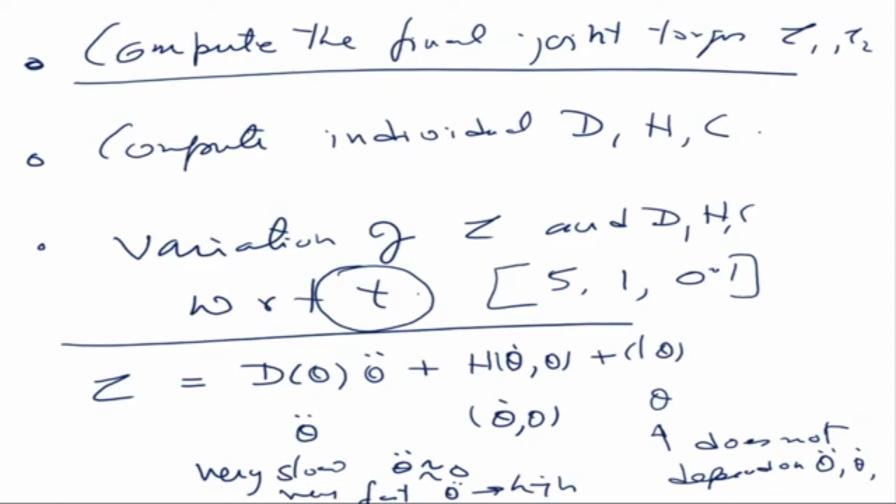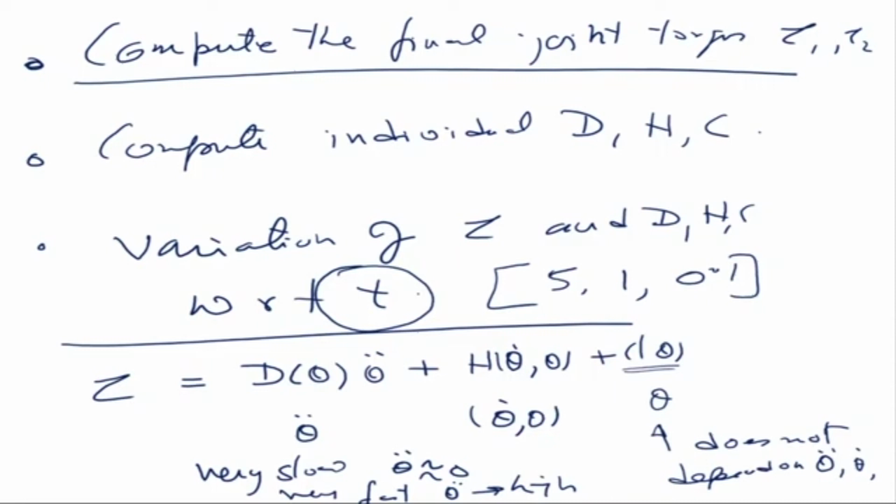Even if you change your time, it will have no effect on the gravity component. But it will have an effect on the acceleration, that is the maximum. The Coriolis centrifugal component is not much, and it is not going to depend on the time of travel.